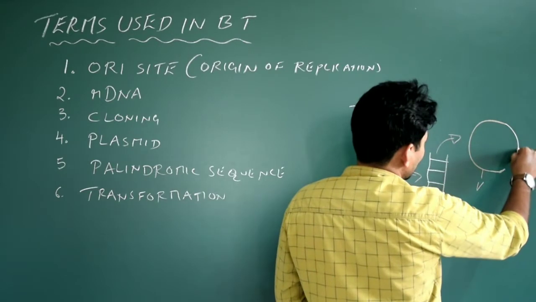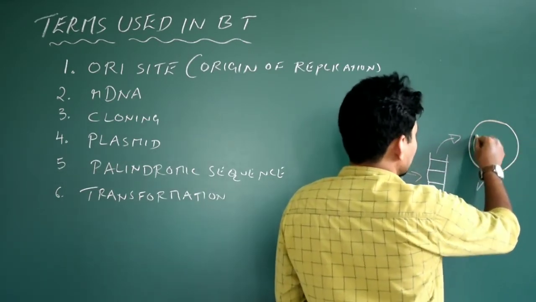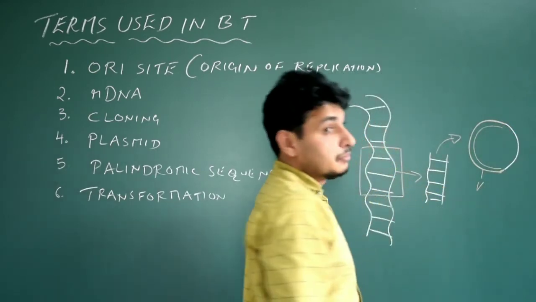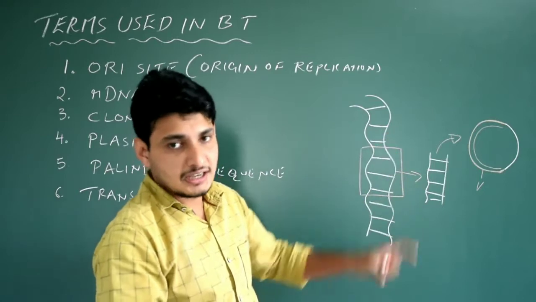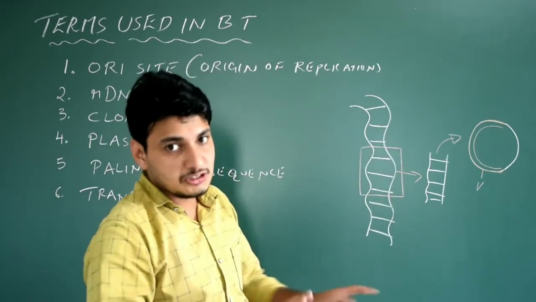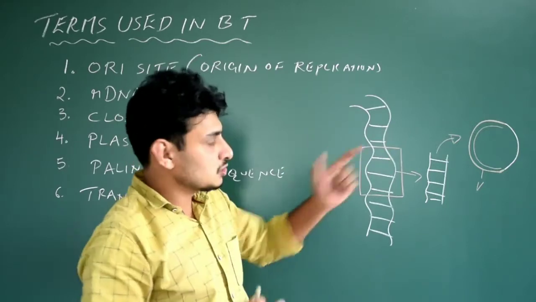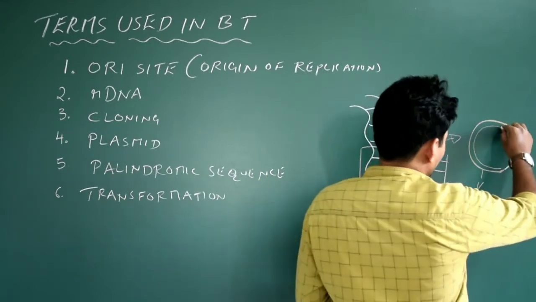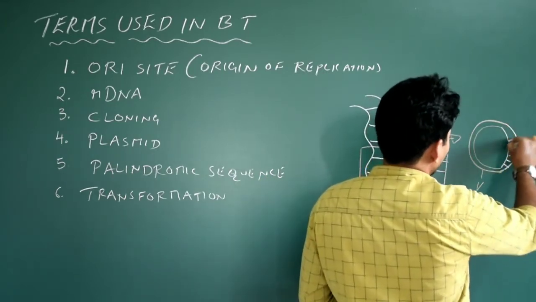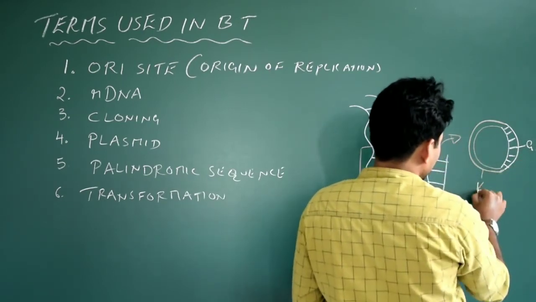For your understanding, let us go with double stranded. Even the plasmid or vector should be double stranded DNA, similar to the gene taken out from a living organism. Similarity should be there. Otherwise, it's very difficult to ligate, to join these two different types of DNA. So here also we draw the double stranded DNA. The white piece is the gene of interest, and this is the vector.